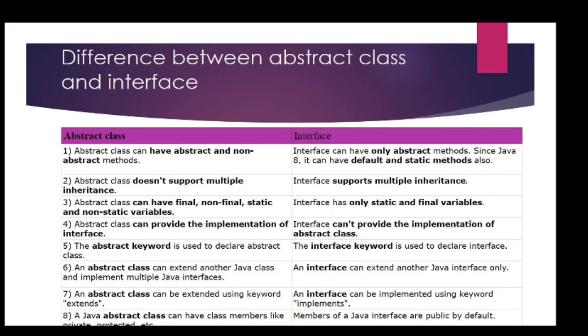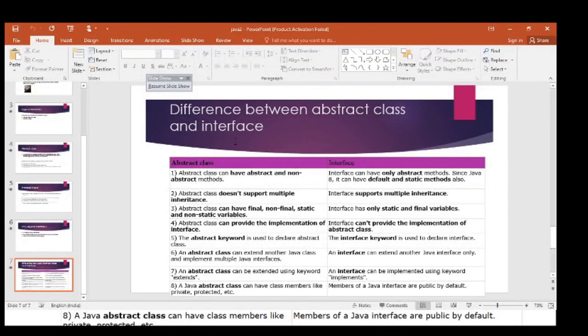The abstract class can have private and protected members. The methods of the interface are public by default. The Java interface class cannot have private or protected members. The variables of the Java interface are public by default.